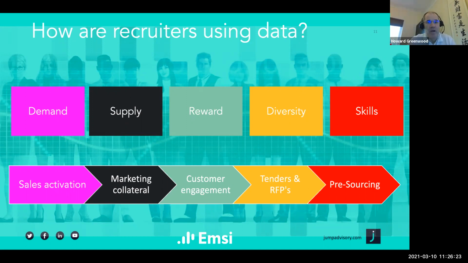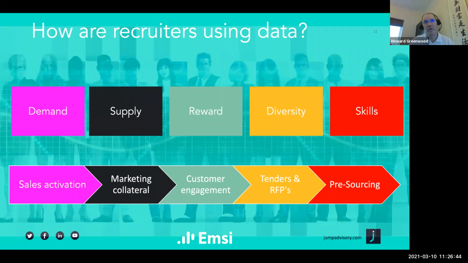That demand, supply and reward data becomes really interesting for the owners of business, the HR businesses. They start to plan the growth of their company, and then skills and diversity start to sector it out, of how well you've done with regards to the diversity side or the skills side to ensure that you can actually supply.